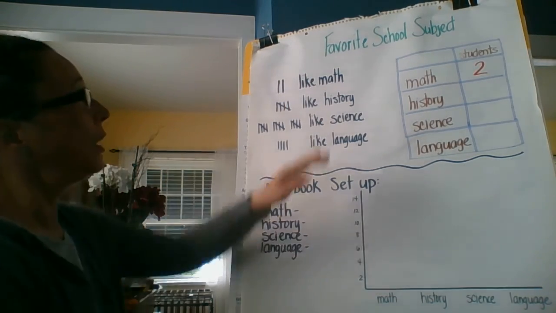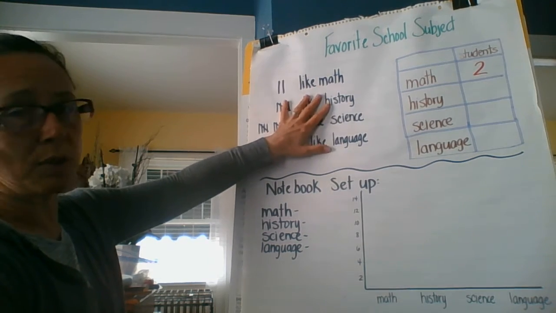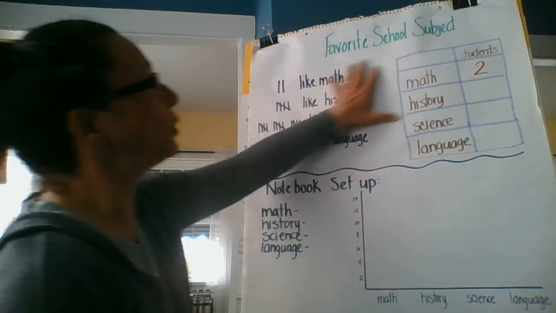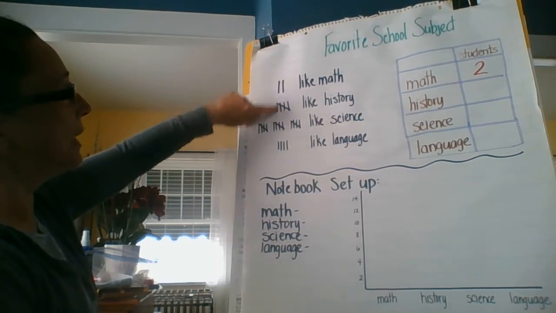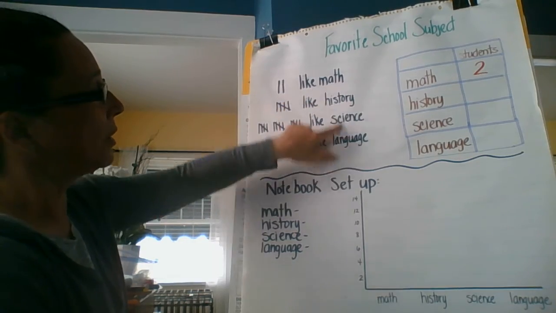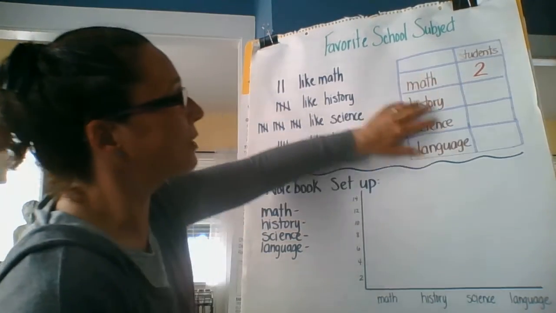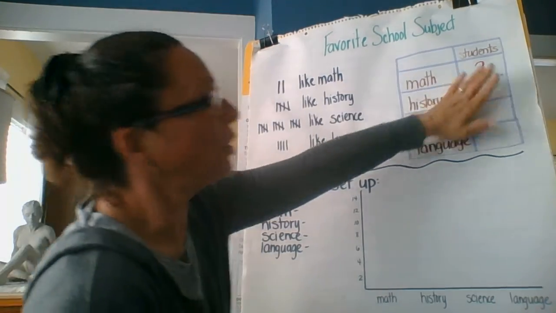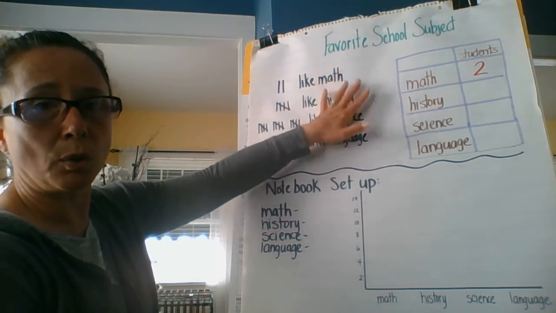Okay, so the first worksheet that I'm going to use as an example is favorite school subject. So this is the worksheet. You're going to see tally marks, and then you're going to see the names of the subjects. Then you're going to see a box where you're supposed to take the tally marks and put them here, but you're not going to be writing on your worksheet.